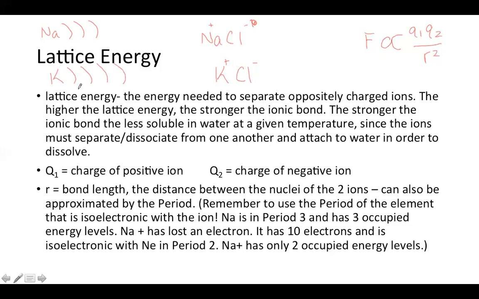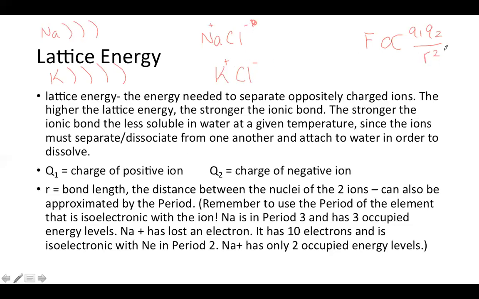So this potassium ion is further from the chloride than the sodium ion is from chloride, right? Because these two chloride ions are going to be the same size, but what's different is the size of these cations. Since potassium's larger, there is a larger distance between potassium and chloride than sodium and chloride.